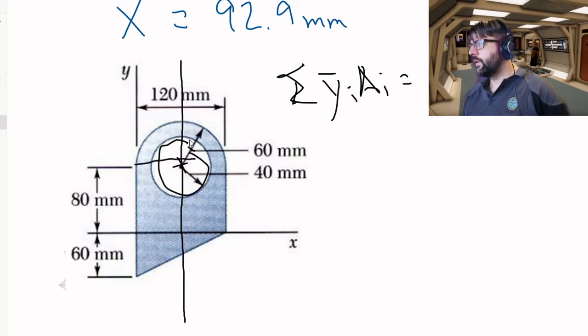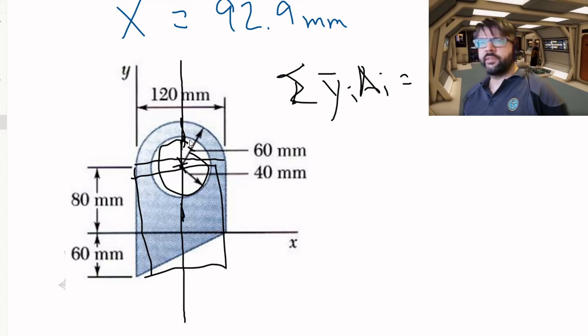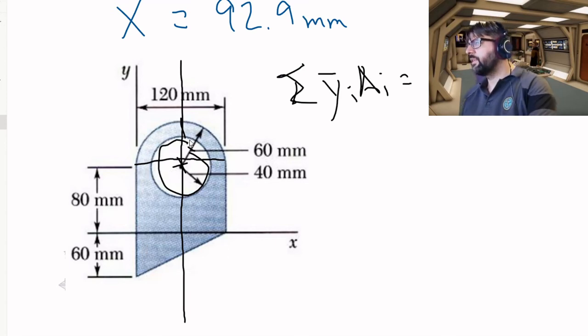The centroid of the semicircle, also located on the axis. The centroid of the rectangle we're starting with, that's also going to be located on that axis.